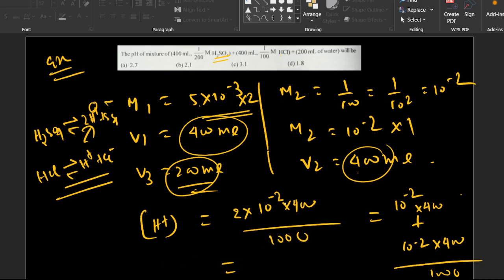So this value will be how much? 8 into 10 raised to minus 2, and 10 raised to 2 cancels. So that will be 8 by 1000. If we take it above, then it is 8 into 10 raised to minus 3. This is the H plus concentration.